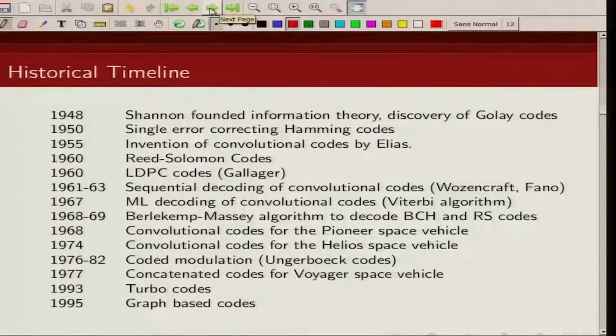As we know, in 1948 Shannon founded information theory, and then subsequently around 1955 Elias came with convolutional codes.